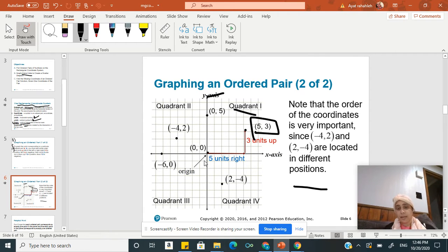If I said 5 units left, that would go here, which is -5, and then 3 units up, meaning it's positive. If I said down, it would go negative. So you can see how the language works when we're describing it. Left and right is the first number, and up and down is the second.